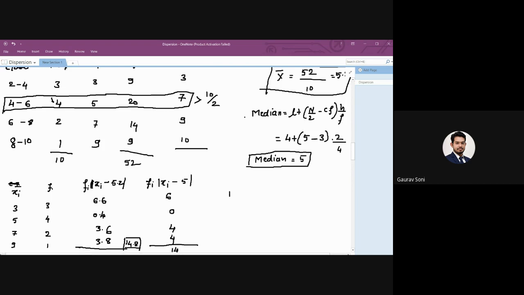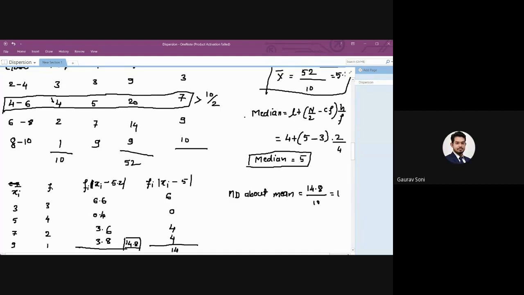So mean deviation about mean is equal to 14.8 divided by summation fi, which is 10.